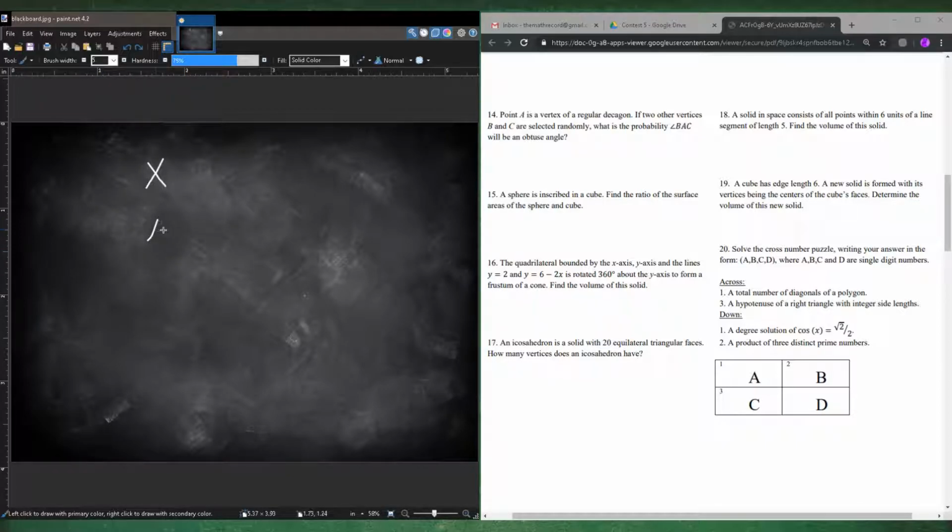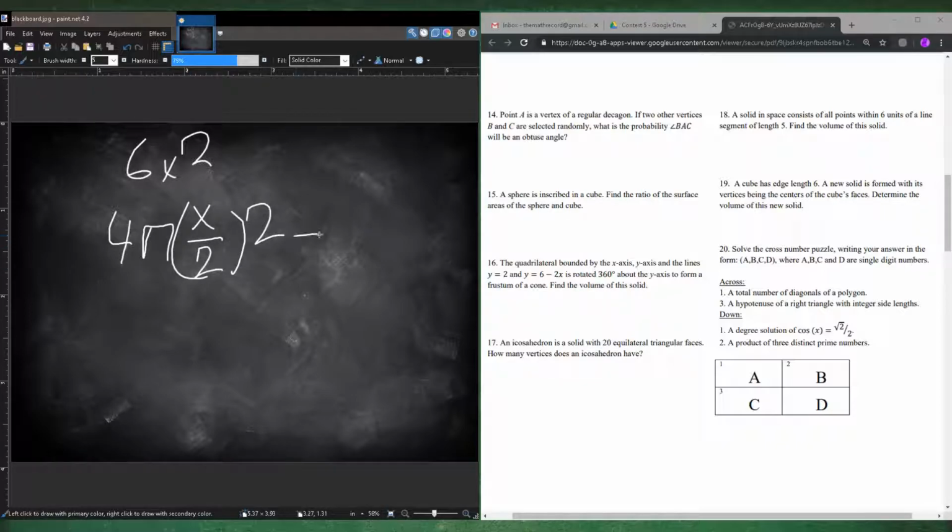Okay. So the surface area of a cube is just 6 times its side length squared, so it'd just be 6x squared. For a sphere, it would be 4 pi radius squared. Since the radius is x over 2, it's 4 times pi times x over 2 squared, so it would be pi x squared.